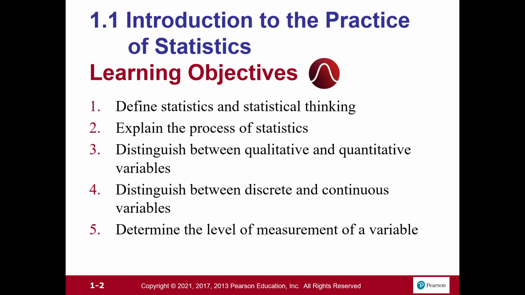So first we're going to look at some of the learning objectives from Chapter 1. There are 5 different learning objectives, and these are probably going to be in your notes as well, the outlines of our class notes. I have provided a location for those in the discussion section of our Canvas class, so be sure to print those out.